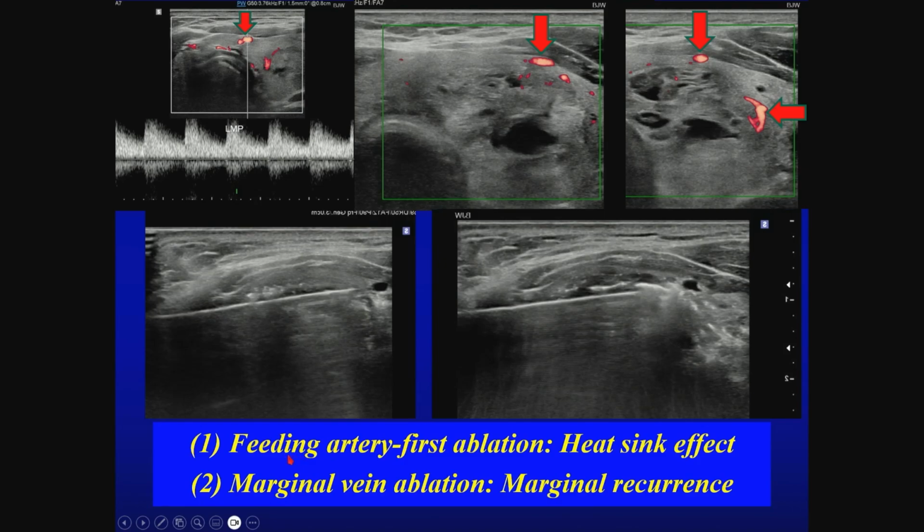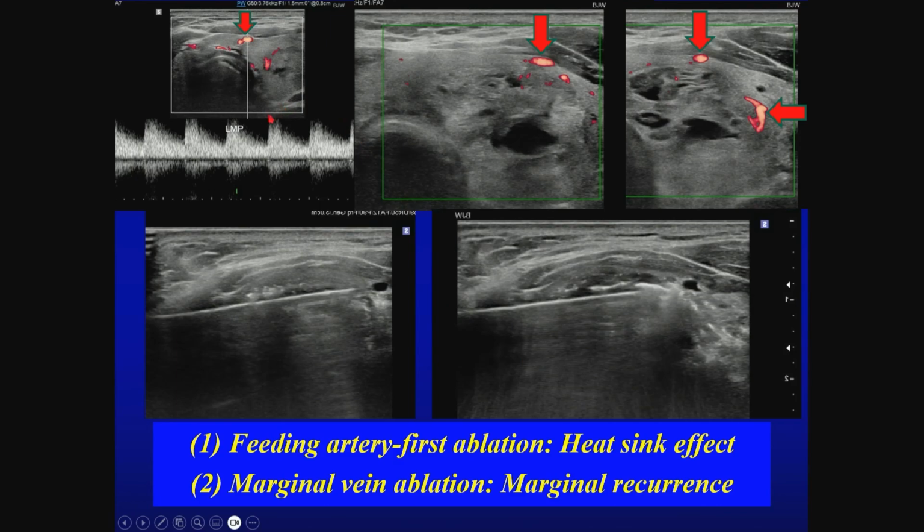First, the feeding artery first ablation technique, which can reduce the heat sink effect and makes thyroid ablation easy. Second is marginal venous ablation, which can reduce marginal recurrence at long-term follow-up.